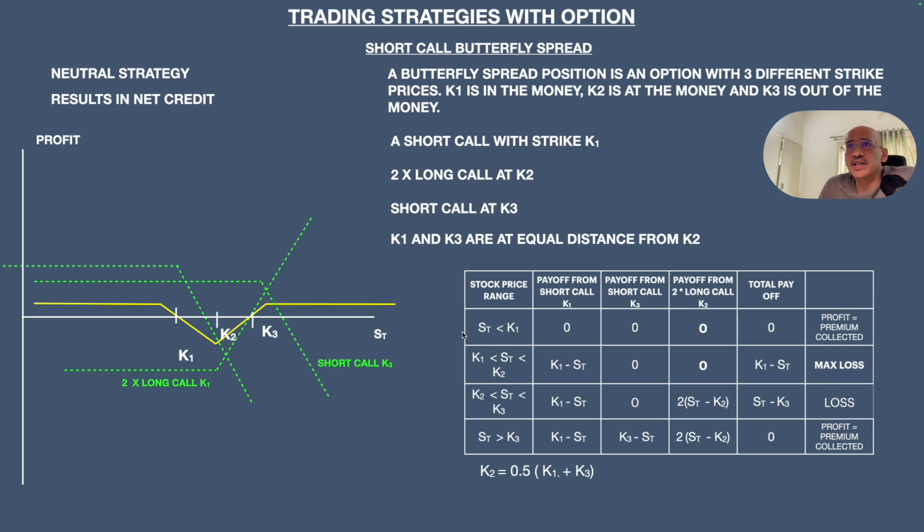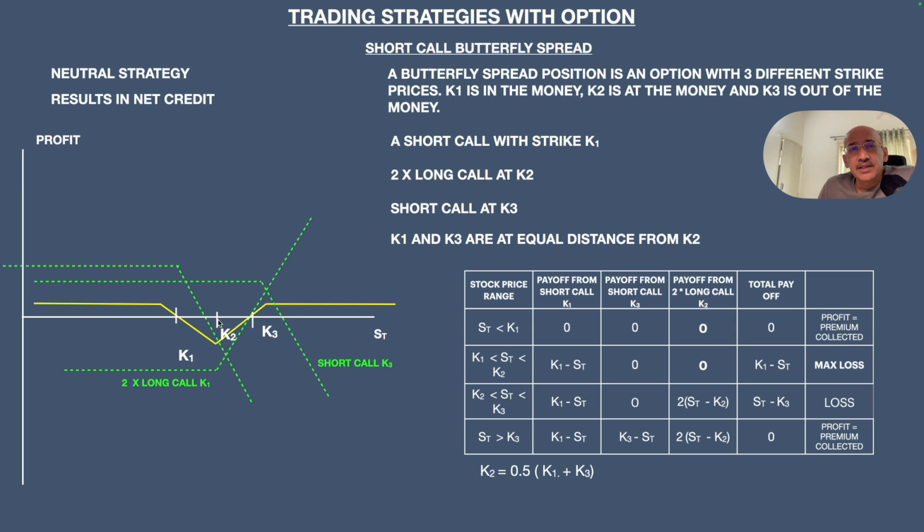Let us see it through the table here. So if the value of the price is below K1, what will happen? See, this short call will not yield any loss because you will get to keep the premium. So this will result in profit, because anything below K1 you will get to keep the premium and there will be no loss.